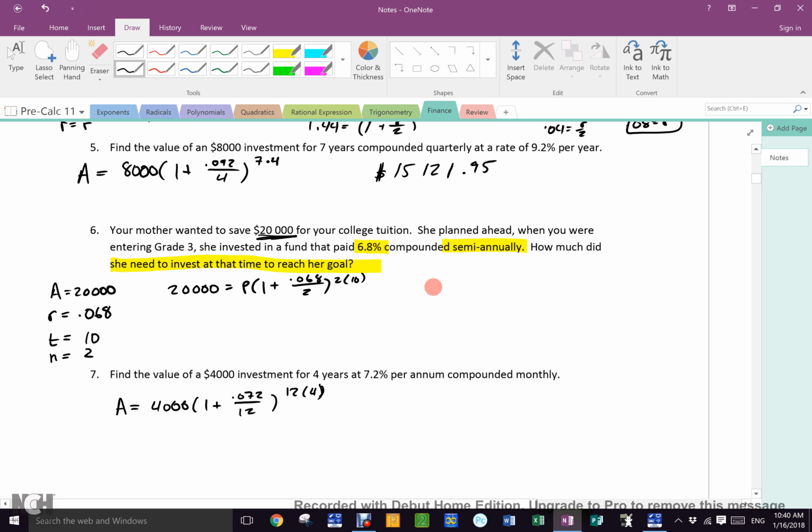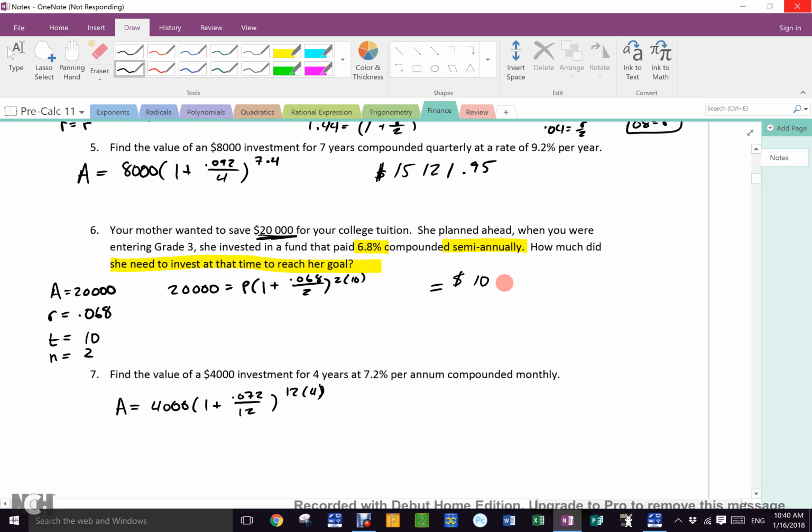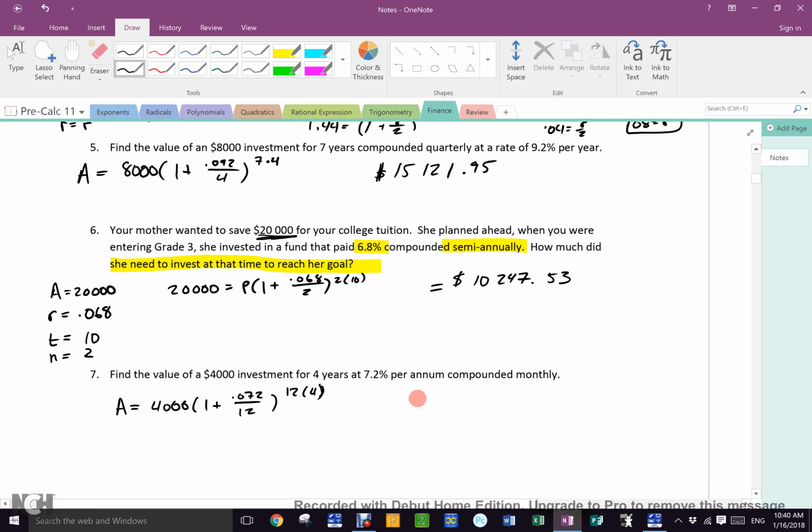Who has, how much money did Mom need to put away for me? $10,247.53. That's exactly what I have. What's my $4,000 going to be worth? 5,330.44. Everybody cool?